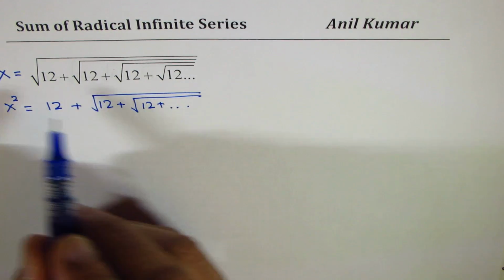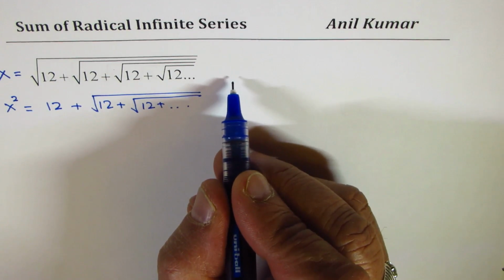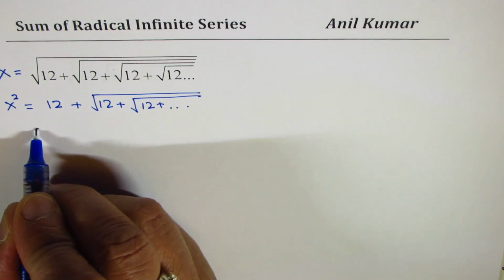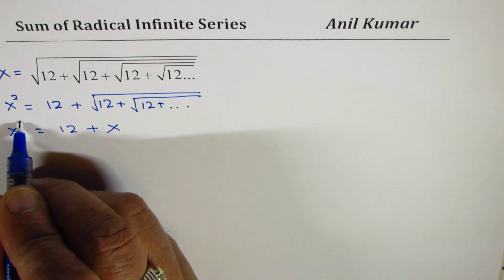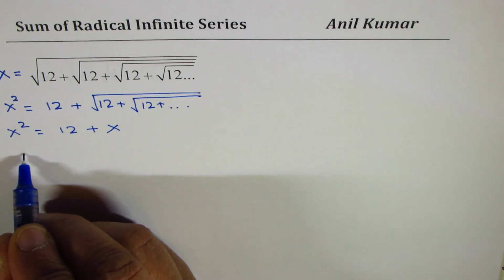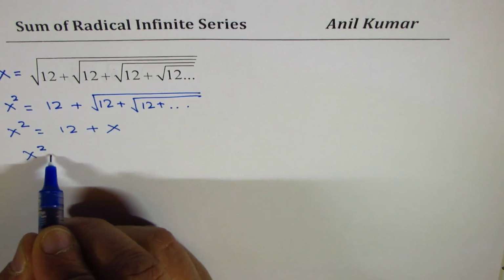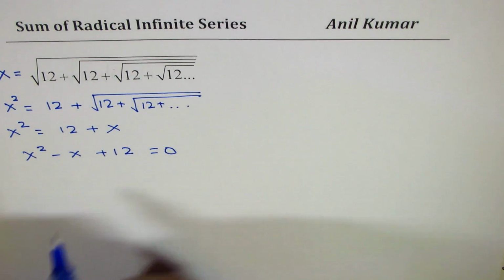Well, this series is exactly the same as x, since there are infinite terms. So we could write this as 12 plus x. So what do we get? We actually get a quadratic equation. Do you see that?